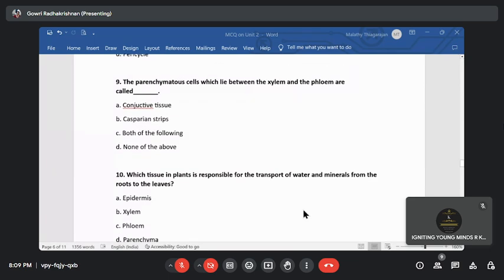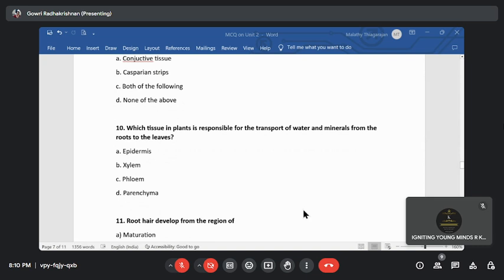The parenchymatous cells which lie between the xylem and the phloem are called conjunctive tissue, ma'am. Conjunctive tissue is the correct answer. Option A. Which tissue in plants is responsible for the transport of water and minerals from the roots to the leaves? Xylem, ma'am. Yes, xylem.